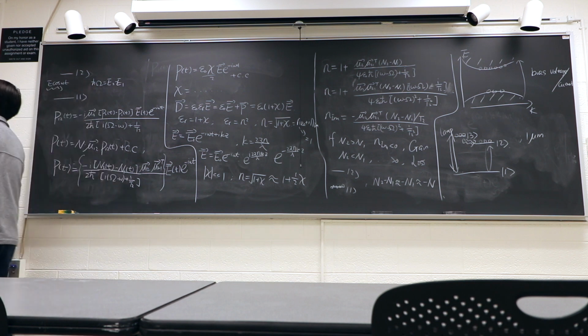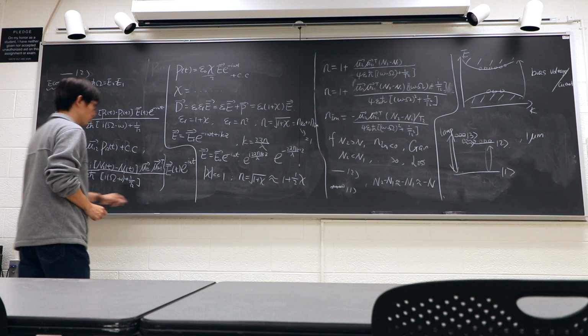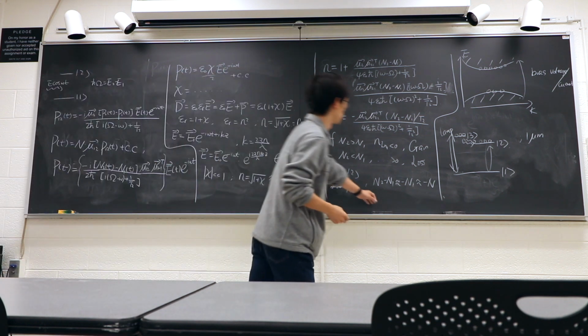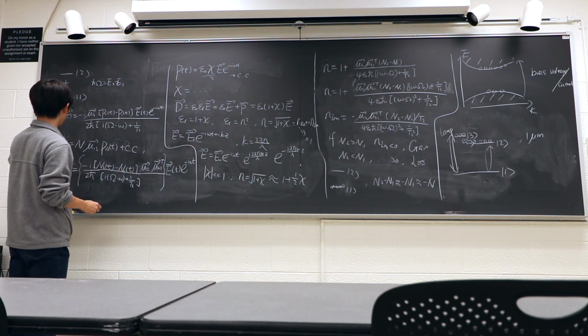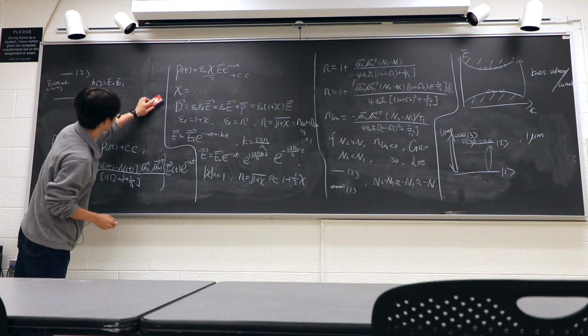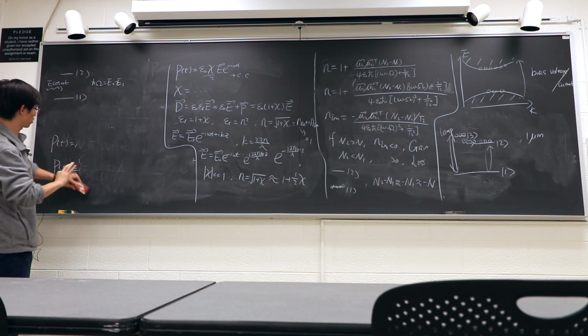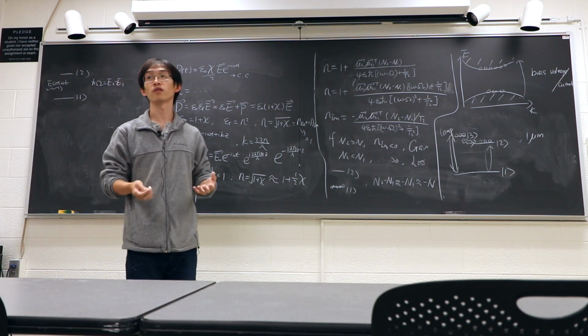Let's see if we should stop here. Yeah, actually we should stop here, but just to start a little bit, for next class we want to go through lasers, how to make lasers. So today, after finishing this content, you already understand what an optical amplifier is, right?